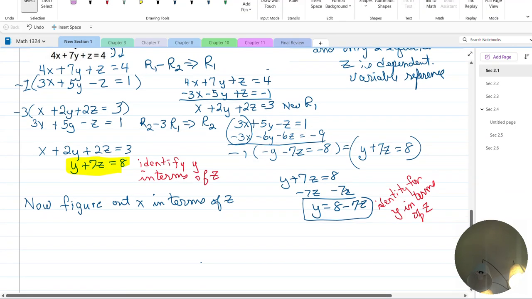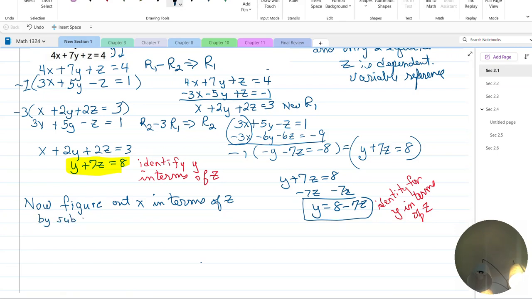So I'm going to find x in terms of z by substituting y. I'm going to substitute that entry for y in the x line, the first one, row 1. x plus 2 times (8 minus 7z) plus 2z equals 3.